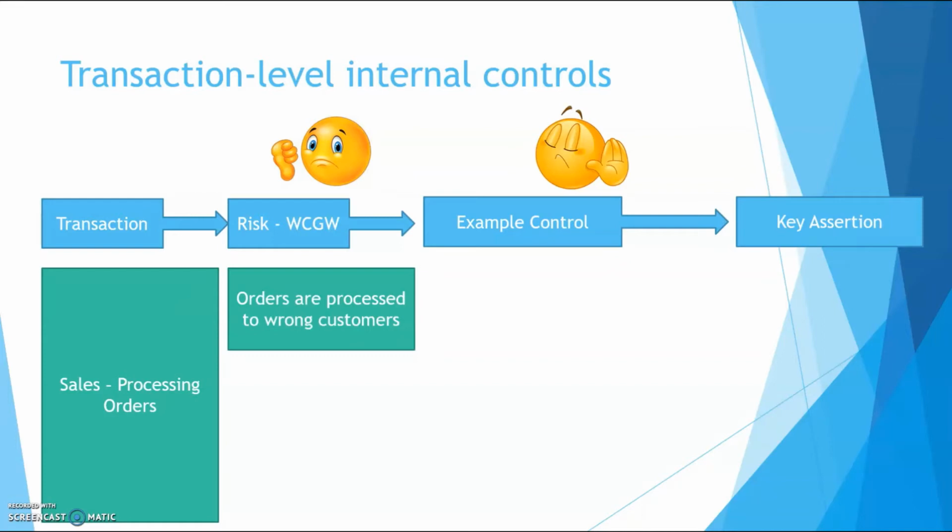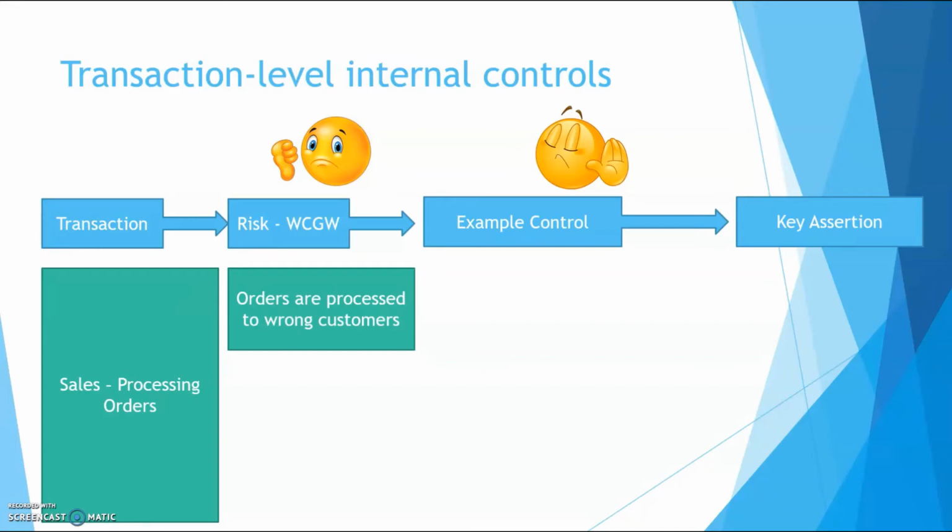It's a very real risk. So, this is the transaction that we're looking at. We're processing sales orders. We've identified orders are processed to the wrong customers as a potential risk of what could go wrong and produce inaccurate financial information. So then as auditors we think, what could stop that from happening?